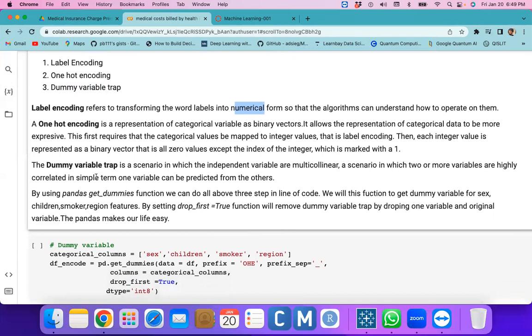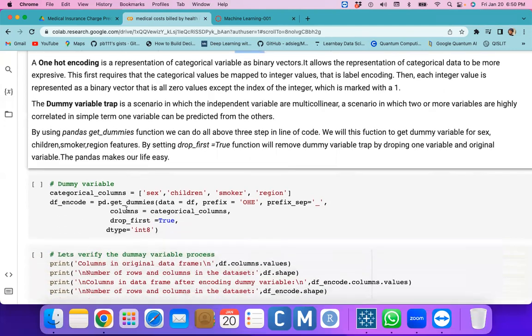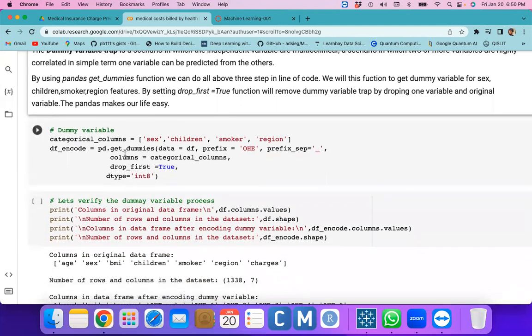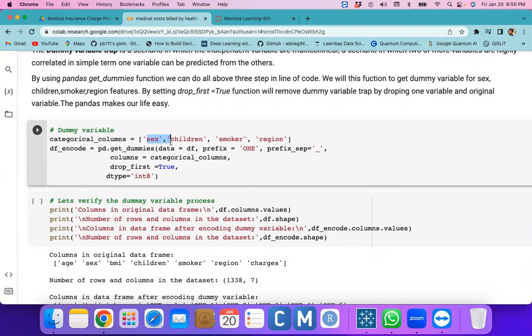And dummy variables means we are going to create new dummy variables, and you can delete your categorical column after converting into the dummy variables. Here, to convert, we take these columns.